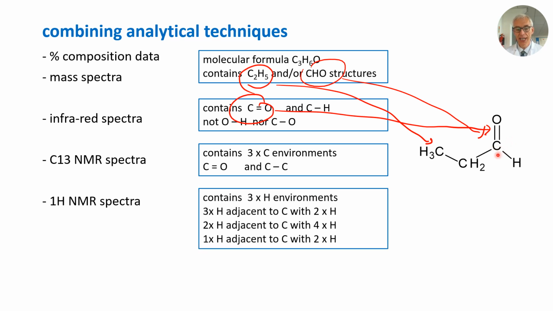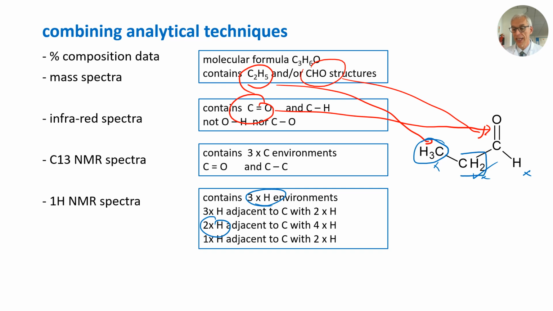But if we bring in the proton NMR, then again we've got 3 proton environments. Definitely the case. We've got 3 protons next to a carbon with 2 protons, so that ticks that box. 2 protons adjacent to carbons carrying 4 protons.